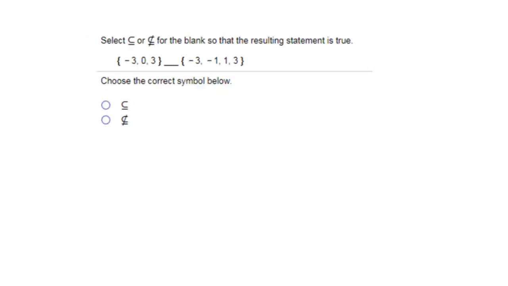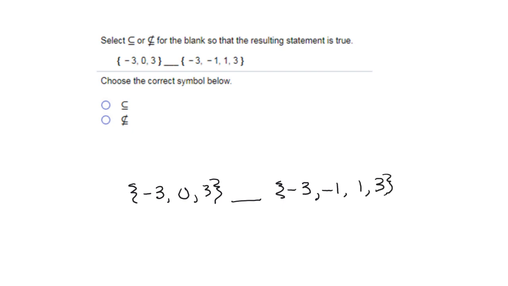Select subset or not a subset for the blank so that the resulting statement is true. So we need to compare our two sets. We want to know if this first set that contains -3, 0, 3 is a subset or not a subset of the second set, which contains negative 3, negative 1, 1, and 3.